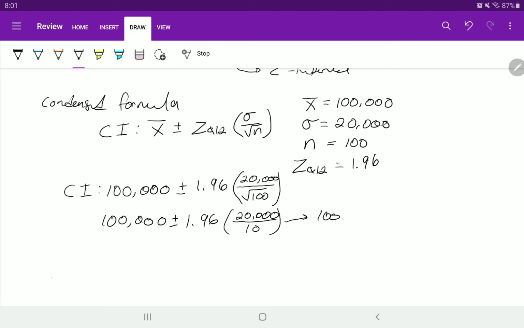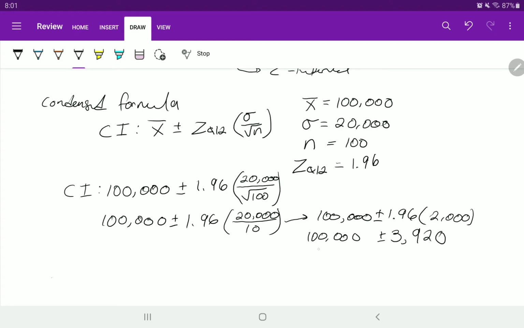So 100,000 plus or minus 1.96 times 2,000. 1.96 times 2,000 is going to be 3,920. I should be using the calculator, but these numbers are pretty simple, at least for me. But yes, please do your calculations in a calculator.